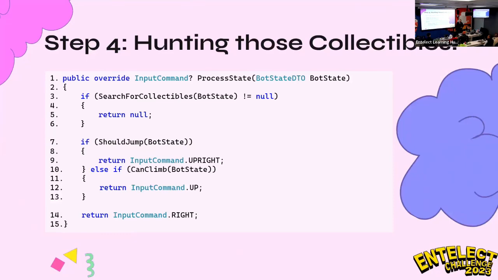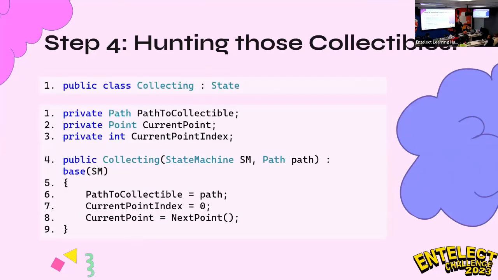Then in our collecting state, we have a variable for the path that we have found. And we have a variable for whichever point we are currently on within that path. And we have an index, which is how far along the path we are. In our constructor, we set the index to 0, and we set our point to the next point. So we grab the next point off the path. So here's the next point function.